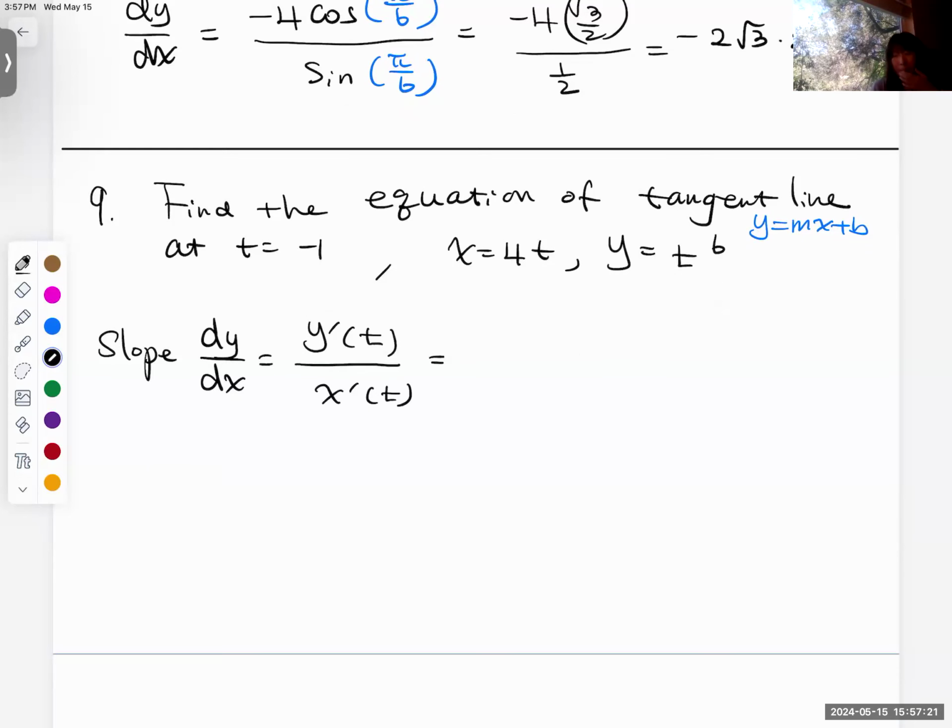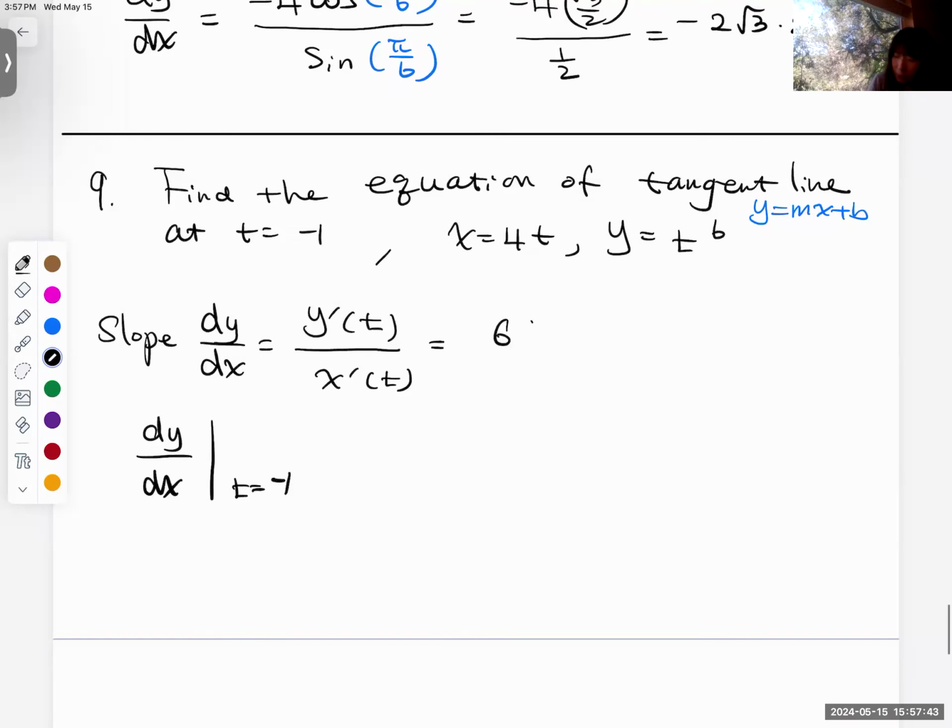Y prime over t, which is dy over dt, and x prime over t. Thank you.